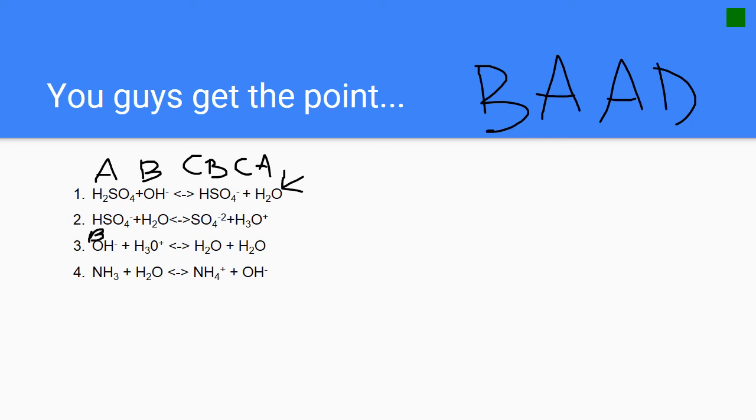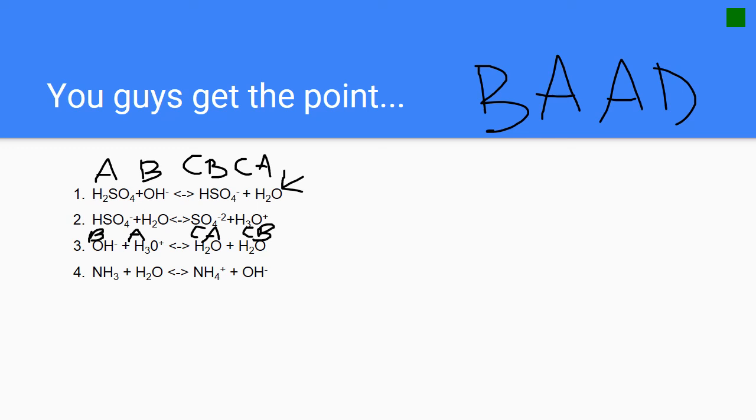And then obviously that would be its conjugate acid. And then we have H3O plus, which donates a hydrogen ion to create water, so this becomes the conjugate base. As we can see, water acts as both a conjugate acid and a conjugate base.